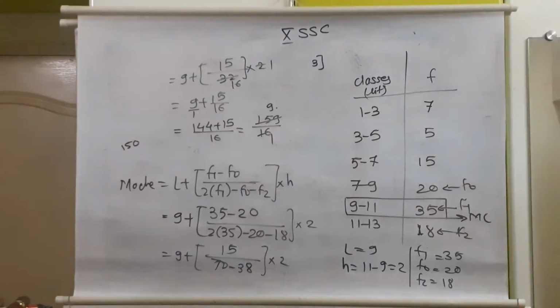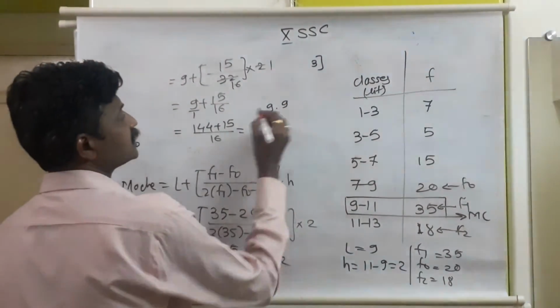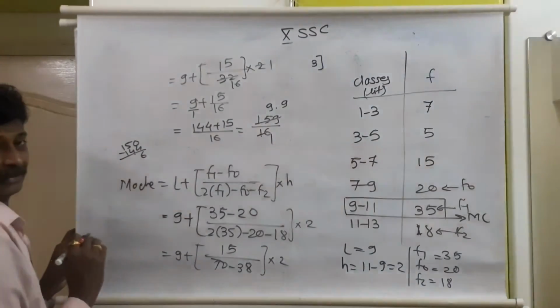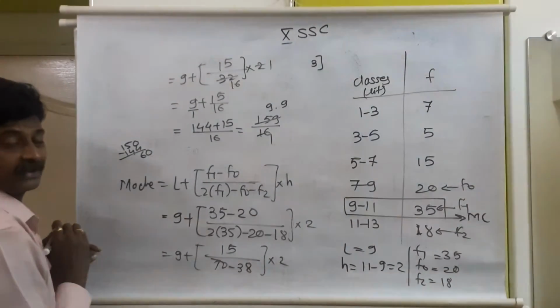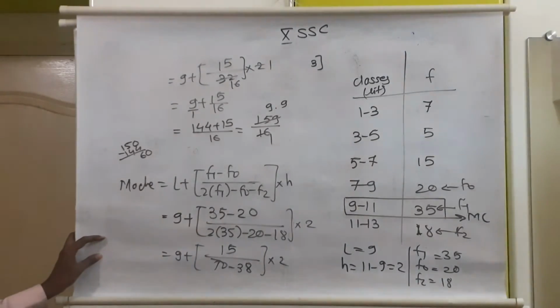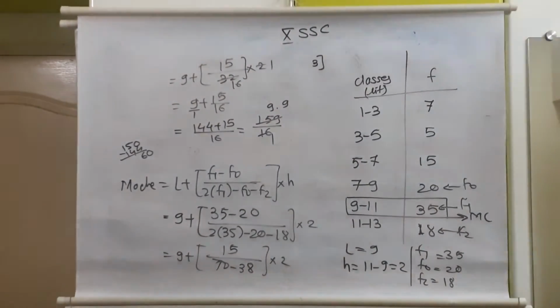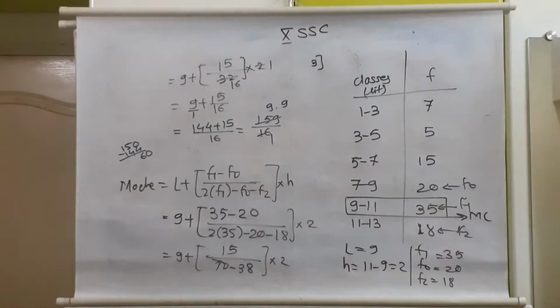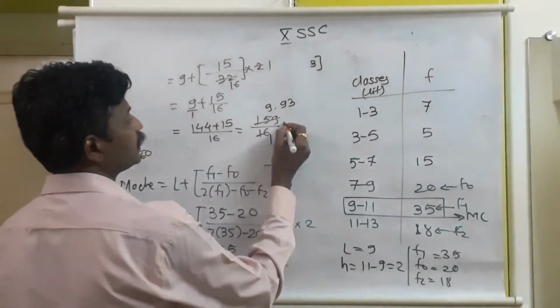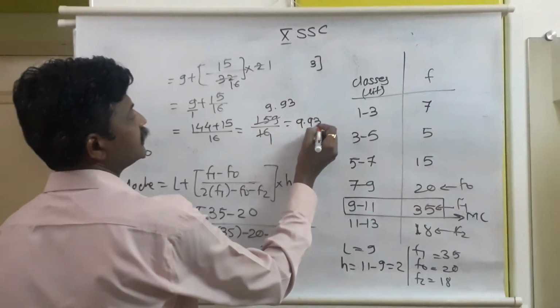Now again 16 nines are 144, 150 minus 144, it remains 6. Because of the decimal point we can take 0, 60. 16 fives are 80, no, because the number is 60 here. 16 threes are 48. So 9.93.